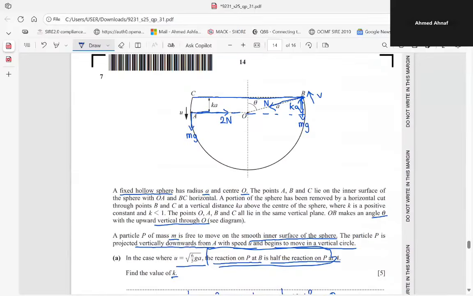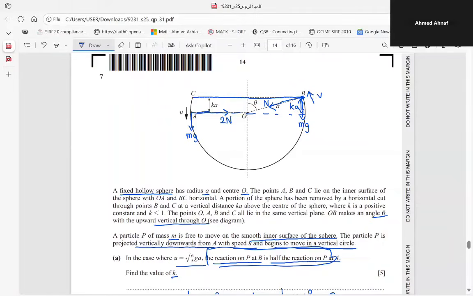Now let's do it for B. For B, it's slightly more complex because mg is acting vertically downwards, but B is not going vertically downwards.